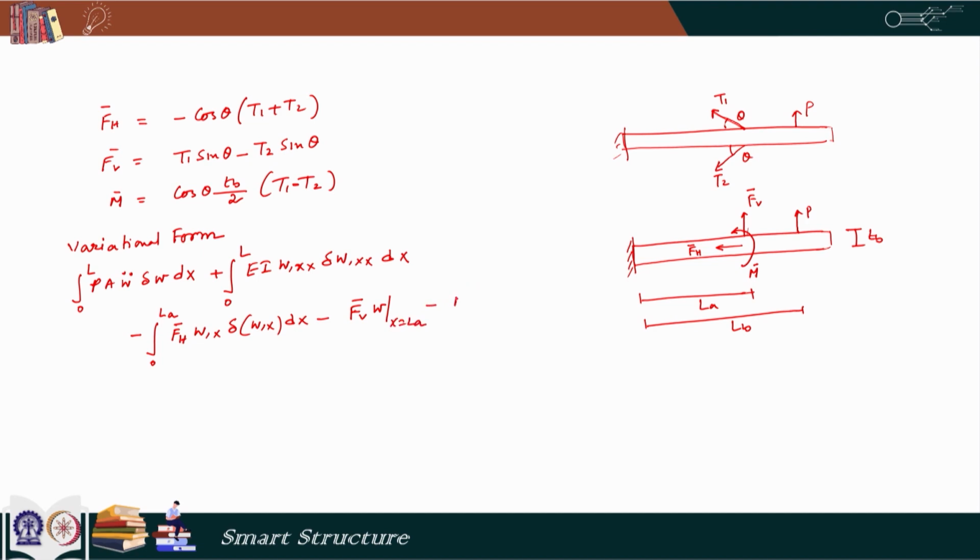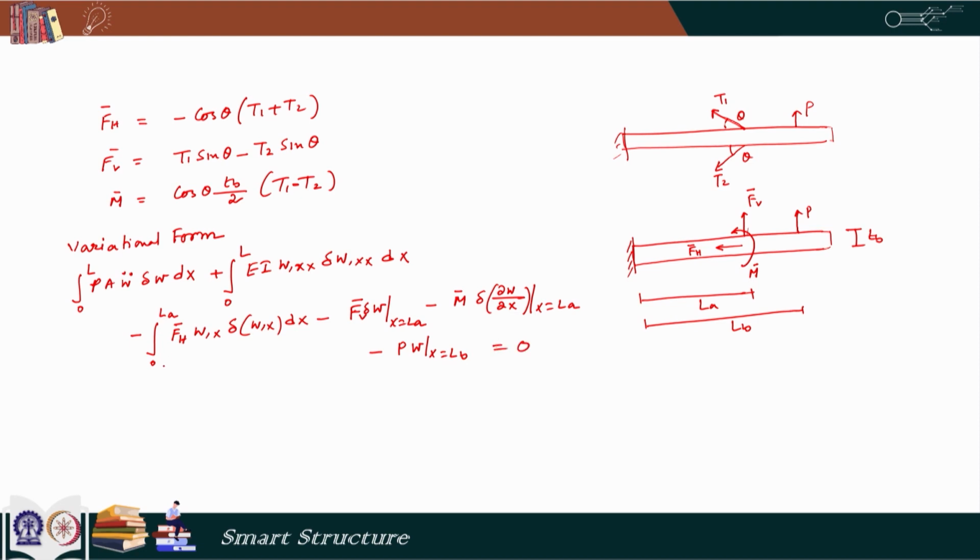Then we have moment m bar, and because it is a moment we have to multiply it by the virtual slope at that point. So, we put the variation symbol delta here because it is a virtual displacement, and here it will be the virtual slope: delta of del W by del x at x equal to LA. Then we have the externally applied force P, so it is P multiplied by W at x equal to LB. So, this is the total virtual work equation for this problem.